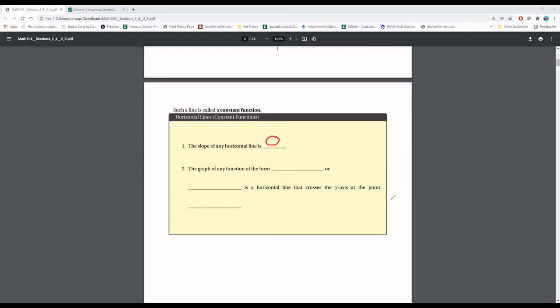The numerator will always be 0. I'm subtracting the same constant from itself. The graph of any function of the form f of x equal to some constant number b, so b is just some number, or if you'd like the old familiar y equals, y equals b, tells us our graph is a horizontal line.